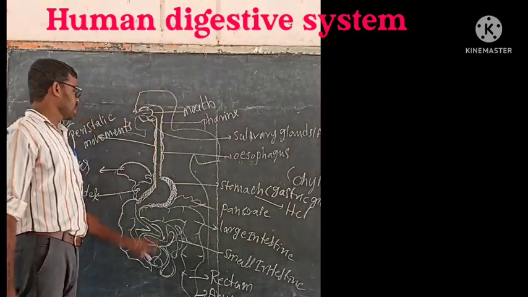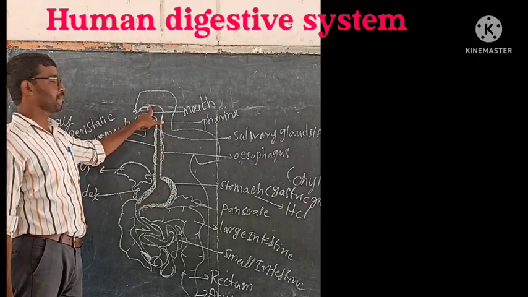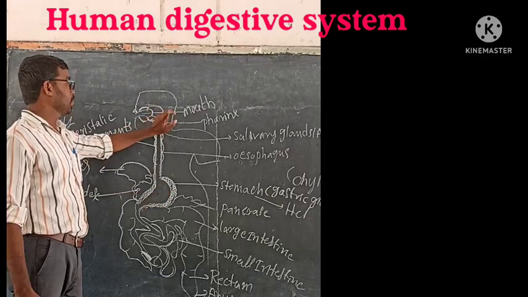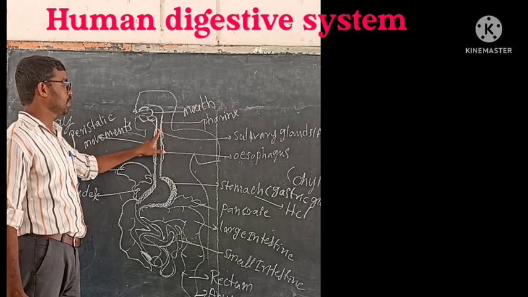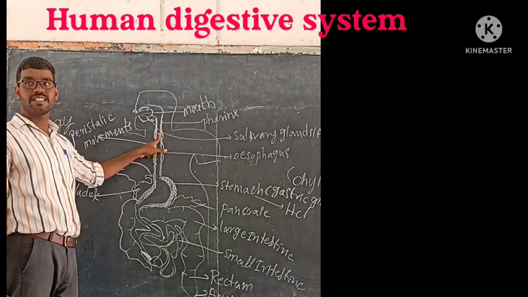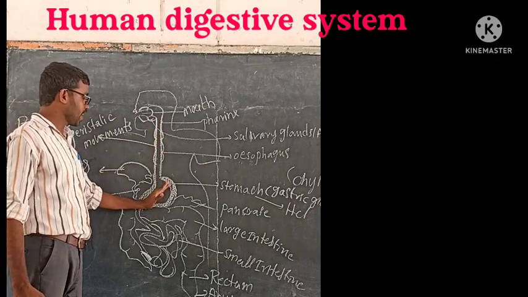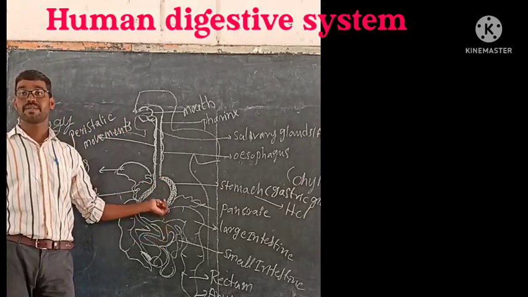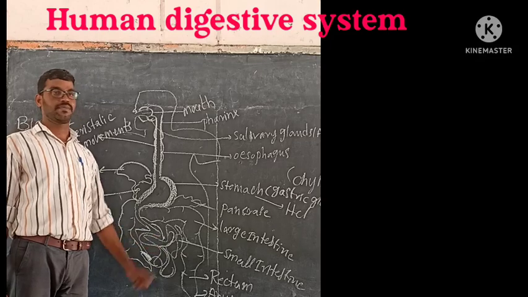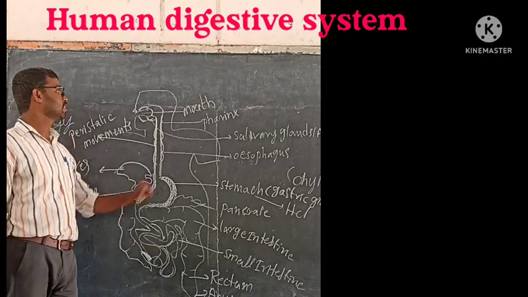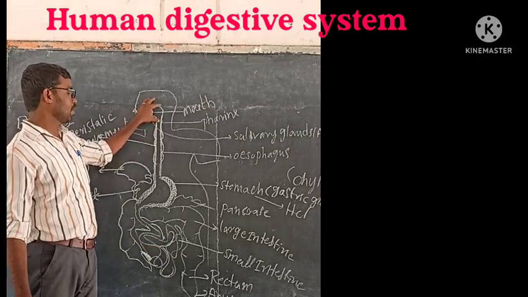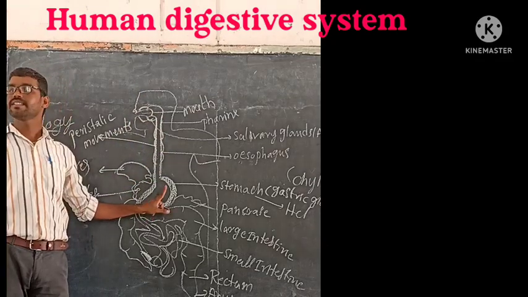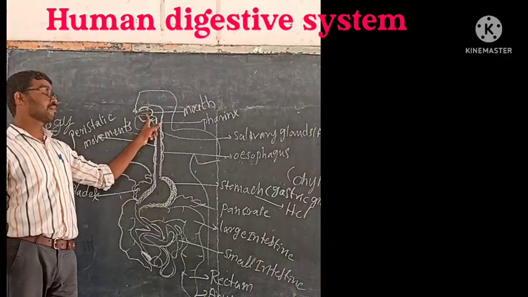Next one, acidic nature. Here we can see basic nature. Bolus enters from the mouth to the esophagus, and chyme enters from the stomach to the small intestine. Agree? Once again I want to repeat. Bolus is formed in the mouth, chyme is formed in the stomach. With the help of teeth and tongue, bolus is formed.